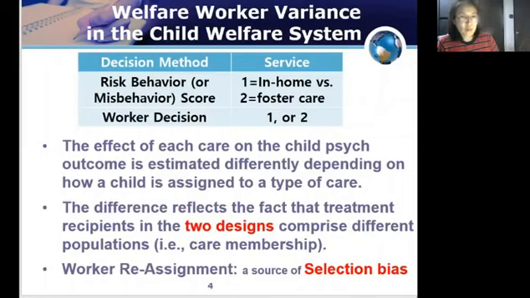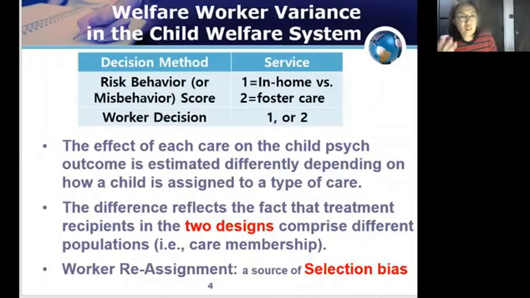So for example, a child who is originally assigned to in-home care can be overridden to foster care by the worker's decision. In this case, the person has professional knowledge, so we don't necessarily say that is a bias-oriented decision.